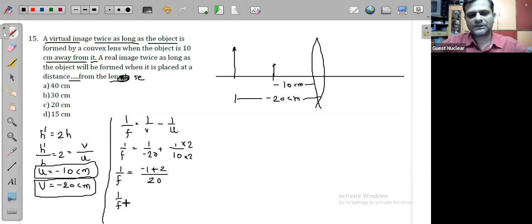So 1 upon f is equal to 1 upon 20, which means f must be 20 centimeter. Okay, so f becomes equal to 20 centimeter.